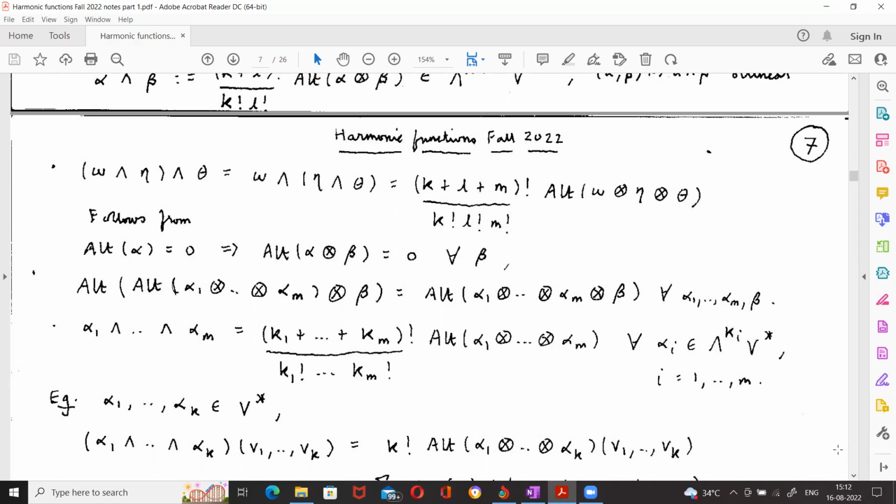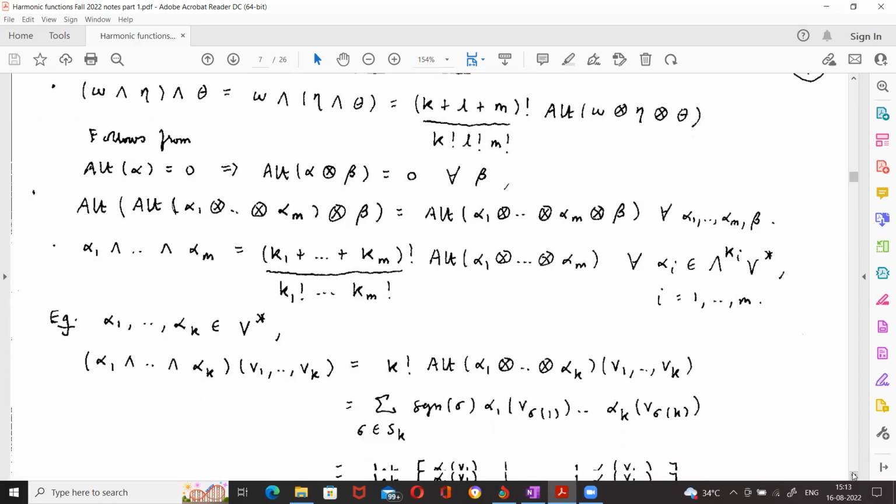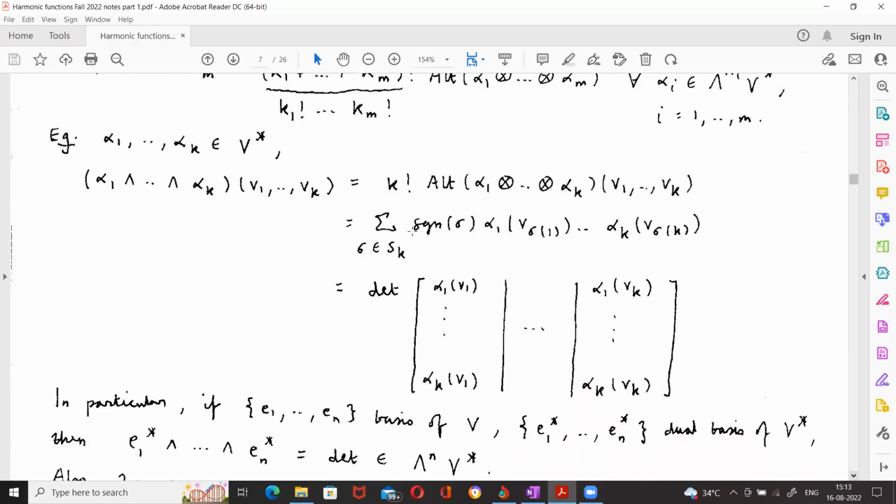But now we can use them to understand this wedge product in terms of determinants. So what happens if I take a wedge product of k one-forms? When I say one-form, what I mean is just linear functionals. I can take the wedge product of these, k of them. That's going to be a k-form, alternating of degree k.